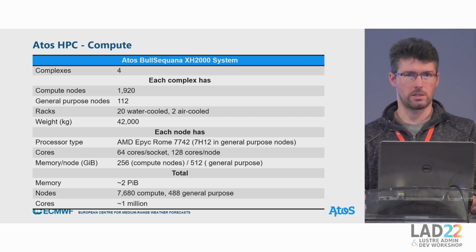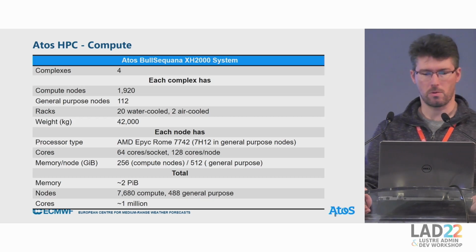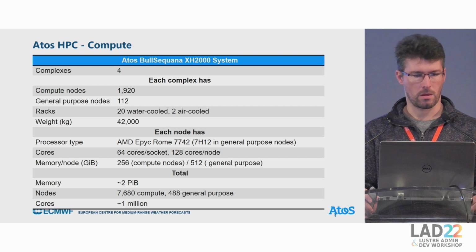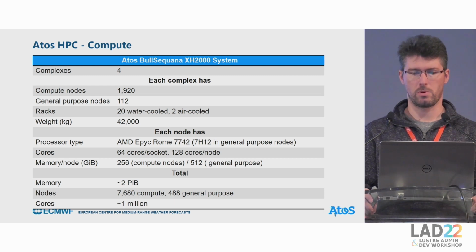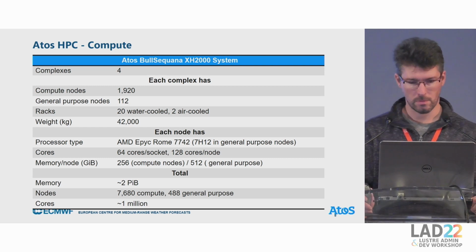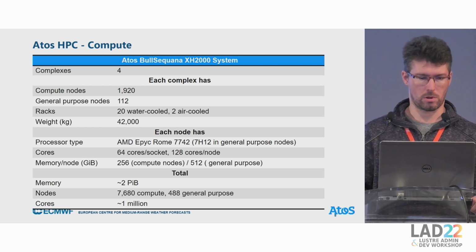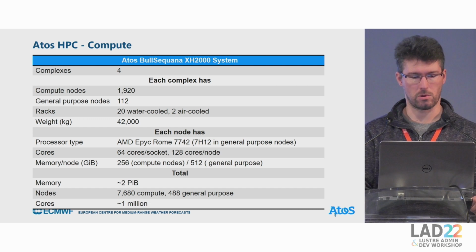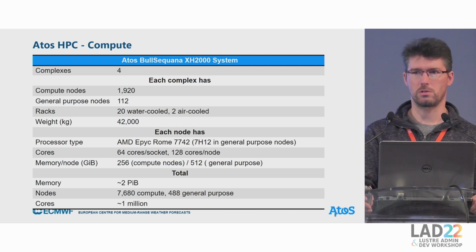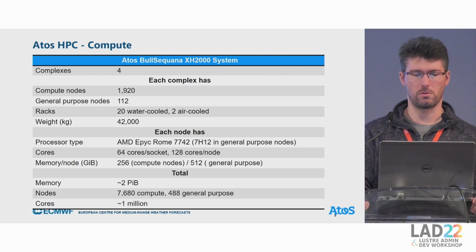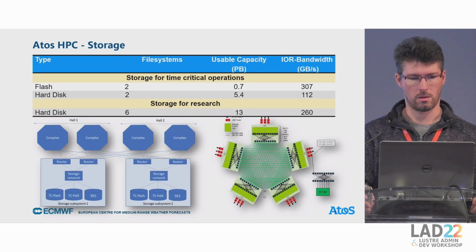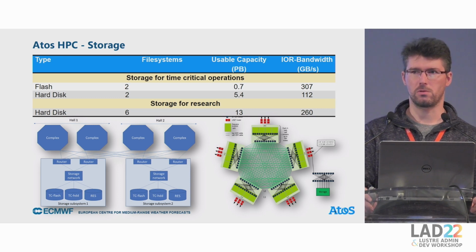All the file systems are accessible from all complexes. Each complex, as I said, is composed of about 2,000 nodes. You can see different specs here, but the main interesting factor is that we get 2,000 nodes per complex and 8,000 in total. This is about the specs of the file systems.